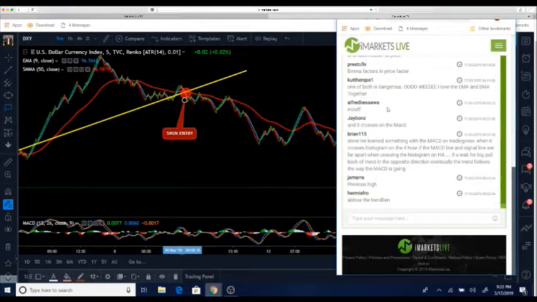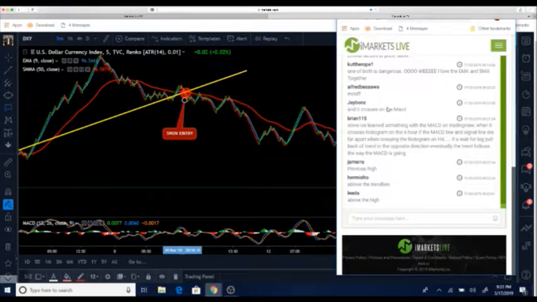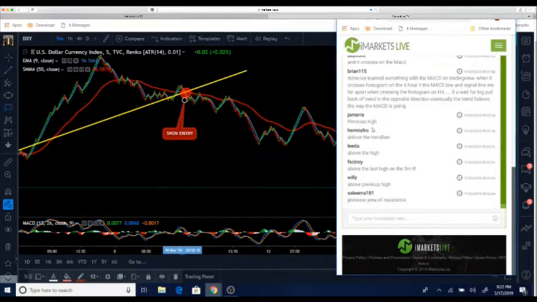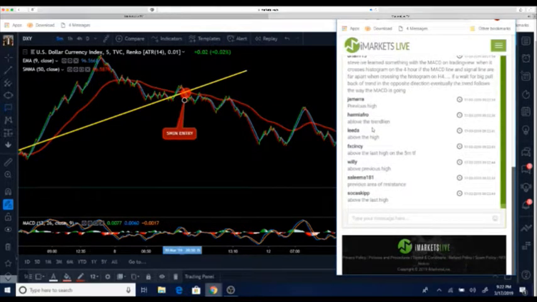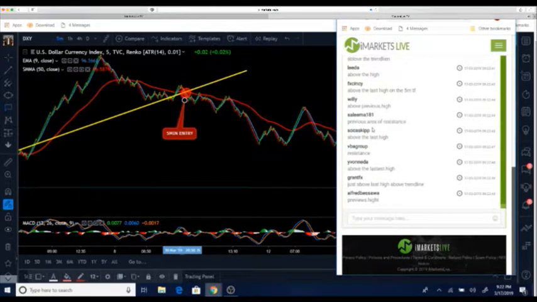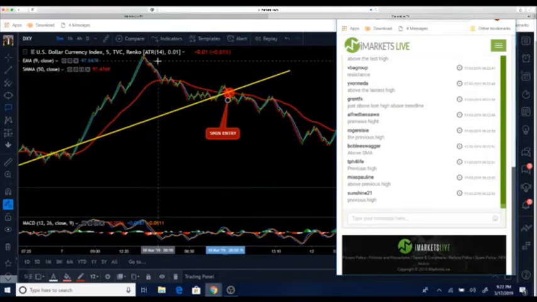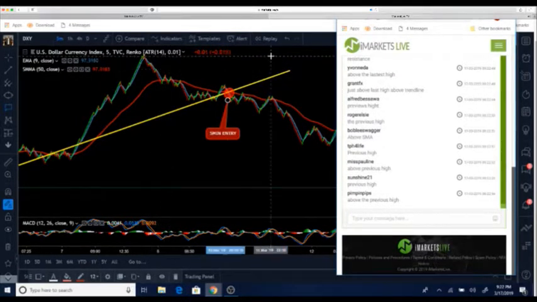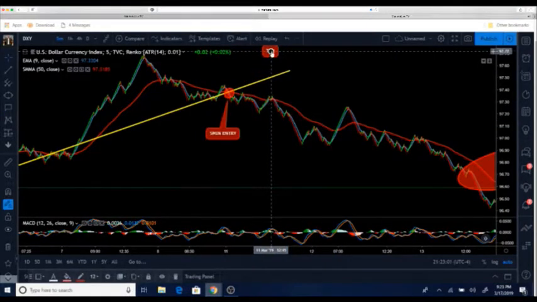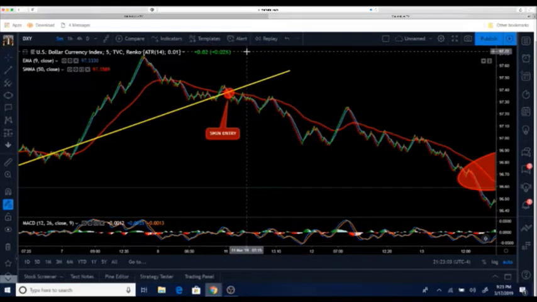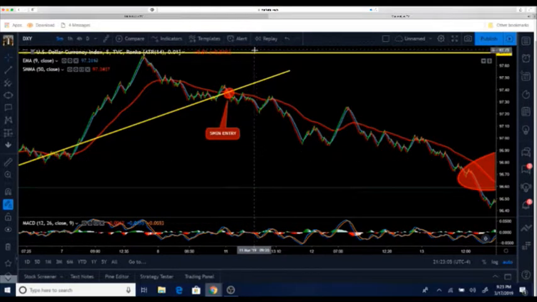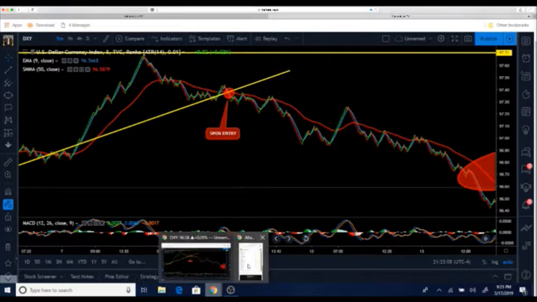Previous high. So previous high where? Where's my previous high? Is it all the way up here at the top? Is that my previous high up there? Is that what you guys are talking about up there?